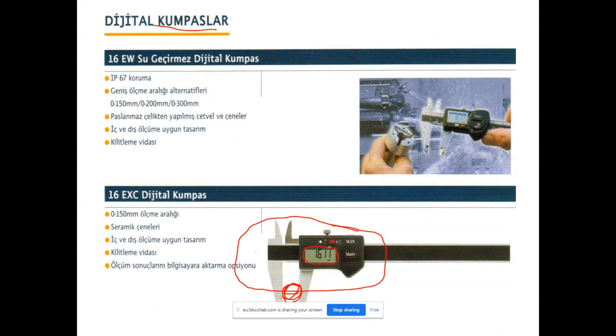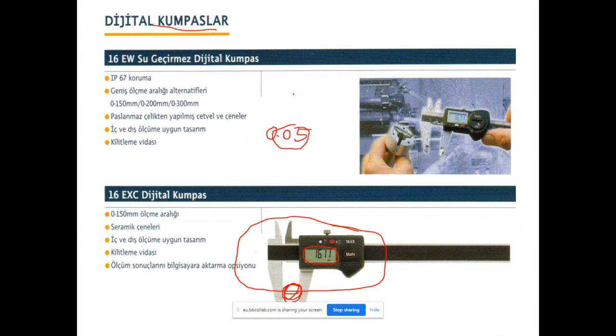Input is analog, the output is digital. Using a vernier caliper, we can measure as the minimum 0.05 millimeters, 20th of 1 millimeter. That is it, 2 figures only.